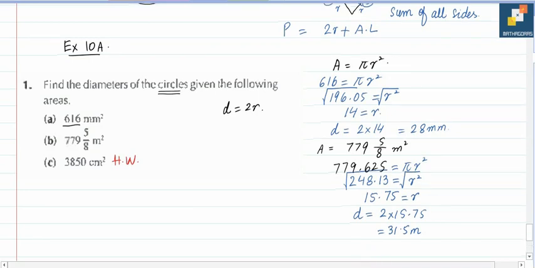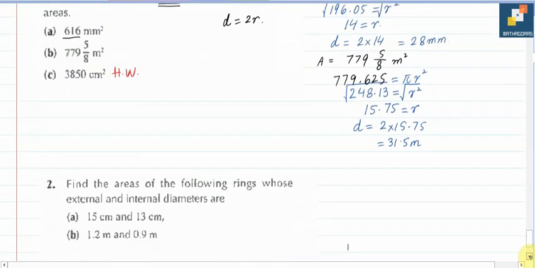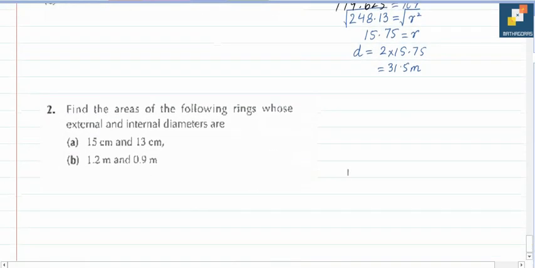So moving on to the next question, that is question number 2. It says find the area of the following rings whose external and internal diameters are 15 centimeter and 13 centimeter. For the first part I will explain, and part 2 is your homework. So listen carefully. Now what is a ring?